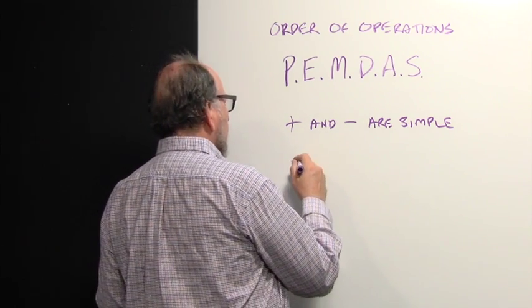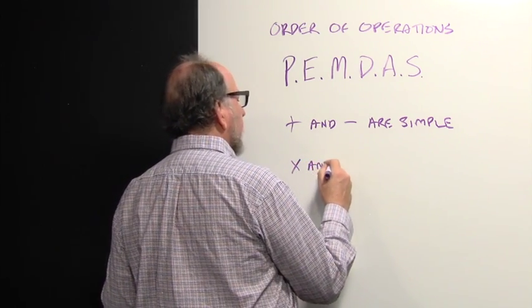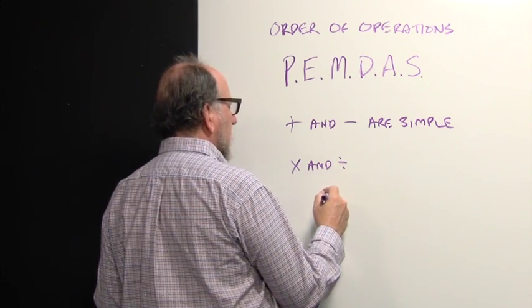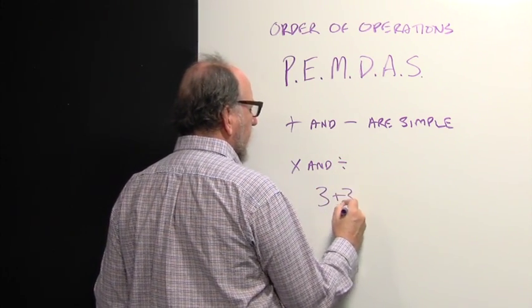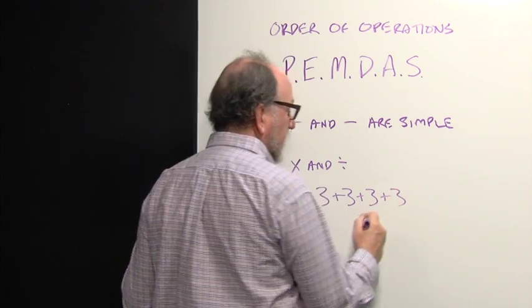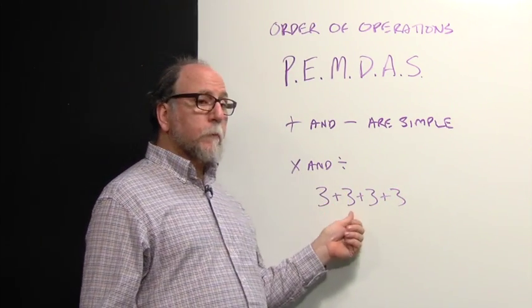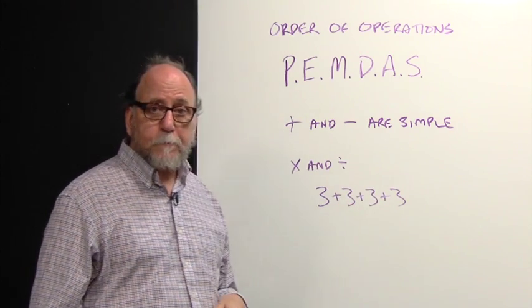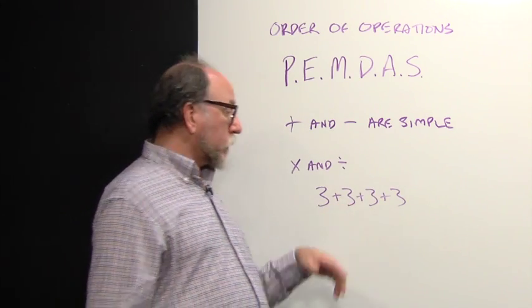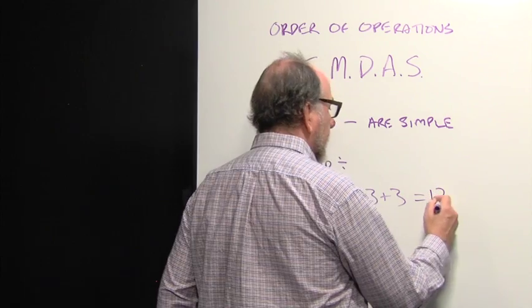When you learn multiplication and division, you learn multiplication first. They taught it to you, you may not remember it, but very simply as asking you first what 3 plus 3 plus 3 plus 3 is, or something like that. And you could add those up and get 12, right?